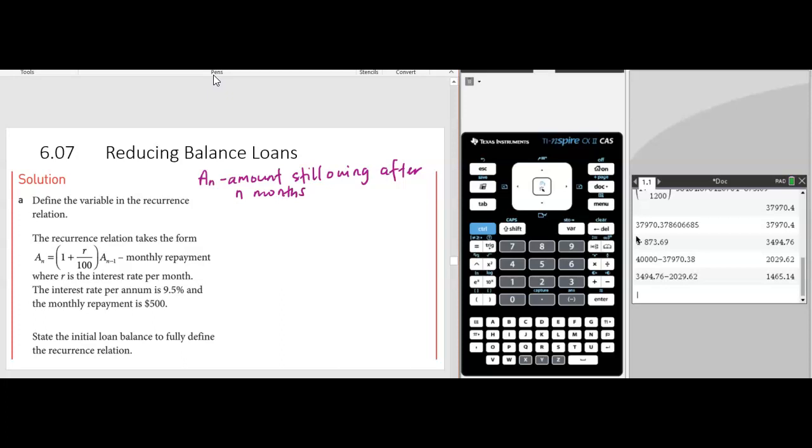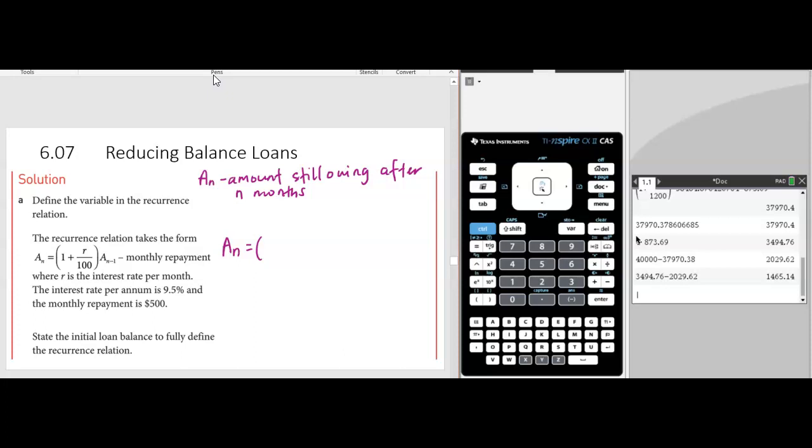So that's my definition. Using the format you have been taught earlier, A_n equals 1 plus the interest that is meant for the repayment period.